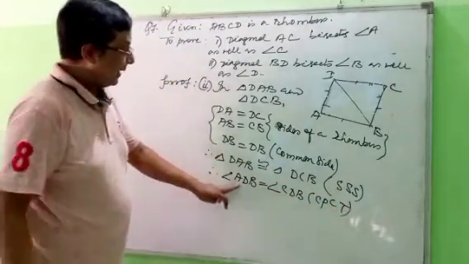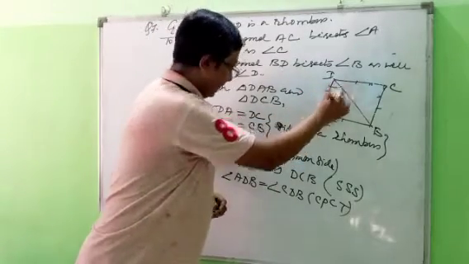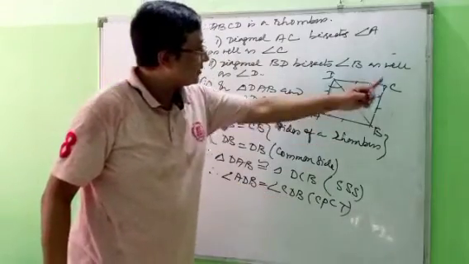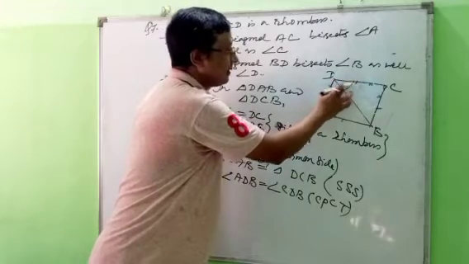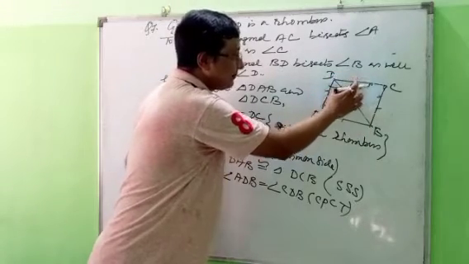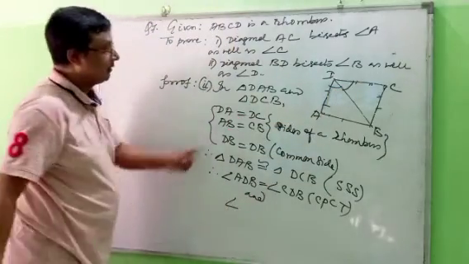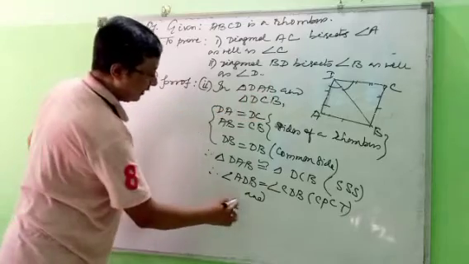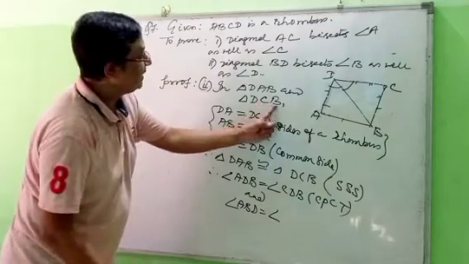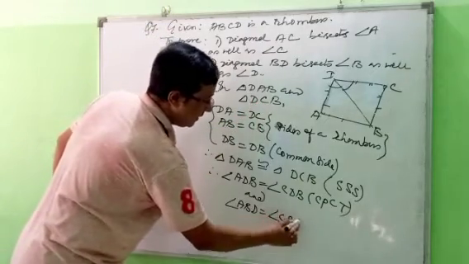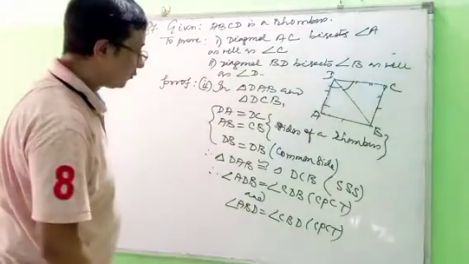Now you see angle ADB equals angle CDB, so these two measurements are equal. That is why BD bisects angle D. And angle ABD is equal to angle CBD, by CPCT, corresponding parts of congruent triangles.